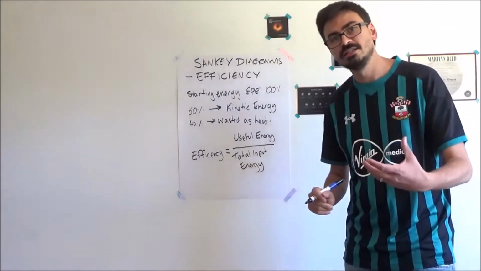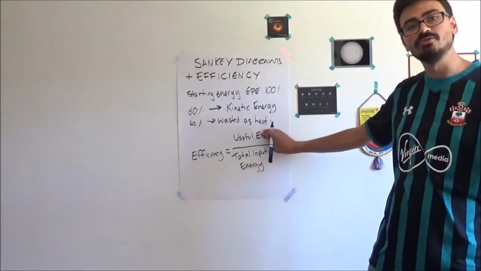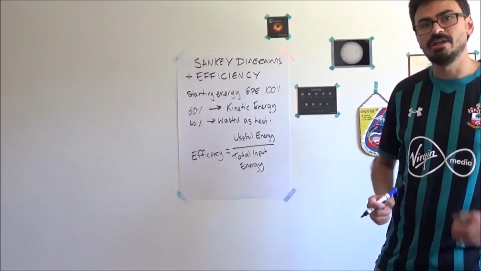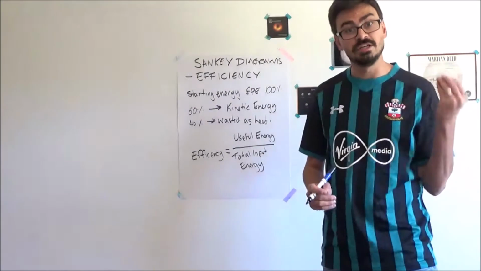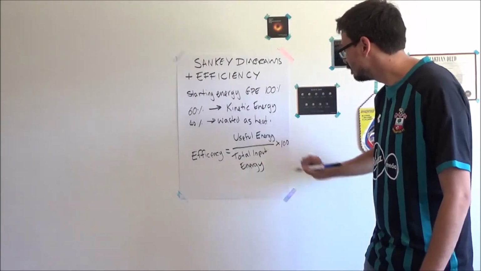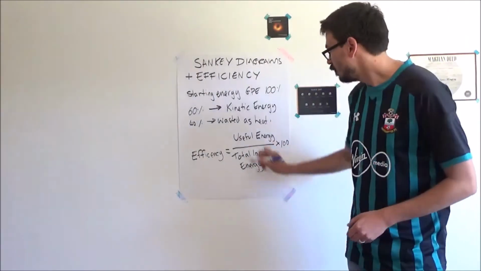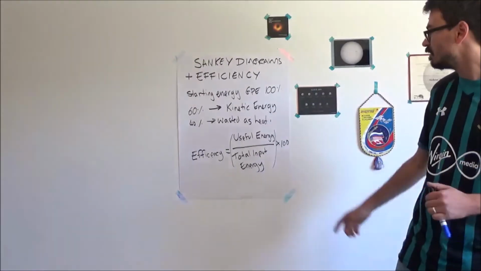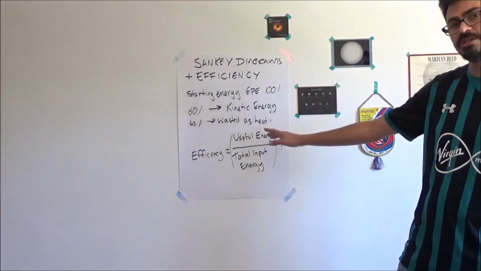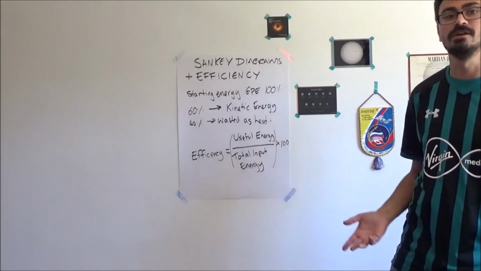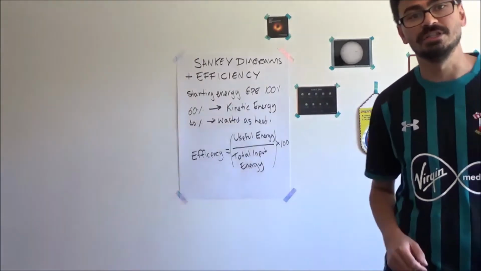So in this case, the useful energy was 600 joules of kinetic energy, divided by the total input energy, 1000 joules. That gives me 0.6, or if I want to represent it as a percentage, I multiply all of this by 100. Okay, so that's how I calculate efficiency. Now we're going to be using that in a second to look at Sankey diagrams and how Sankey diagrams are used to calculate efficiency as well.